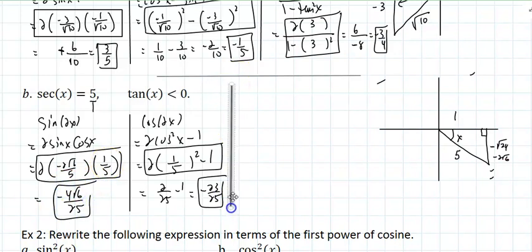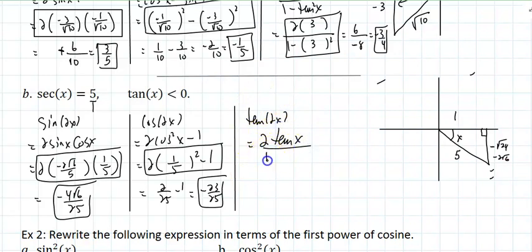And as for the tangent, the tangent of 2x is twice the tangent of x over 1 minus tangent of x squared. The tangent of x is the opposite over the adjacent, negative square root of 24, or negative 2 radical 6, over 1 minus negative the square root of 24 squared.